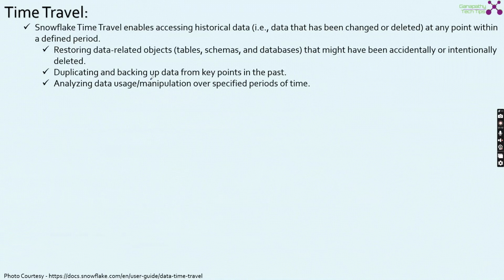That is the data that has been changed or deleted at any point in time within a defined period. That is something which is very important to know. So what are all the things which you can restore? Restoring data related objects, like tables or schemas or databases that might have been accidentally or intentionally deleted.